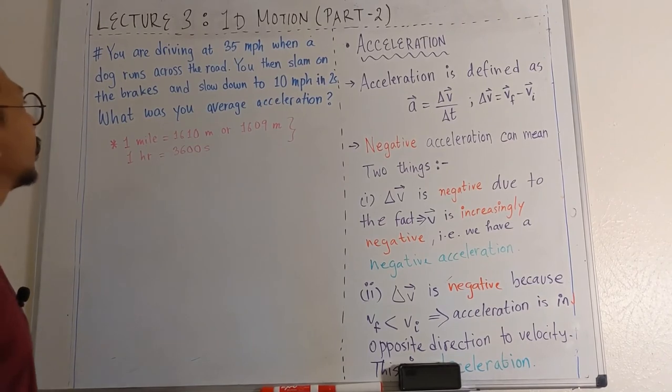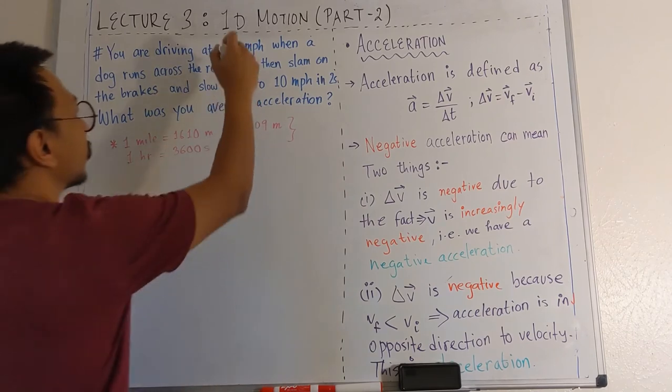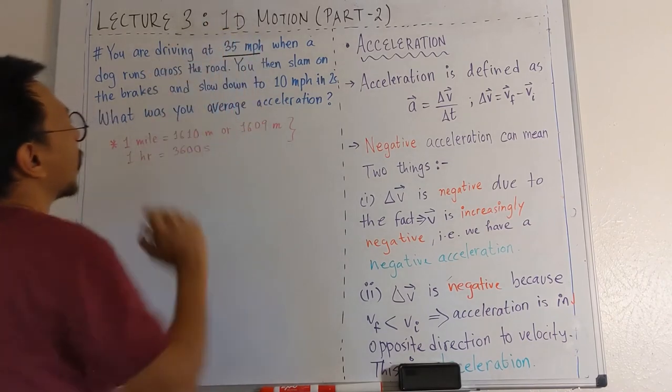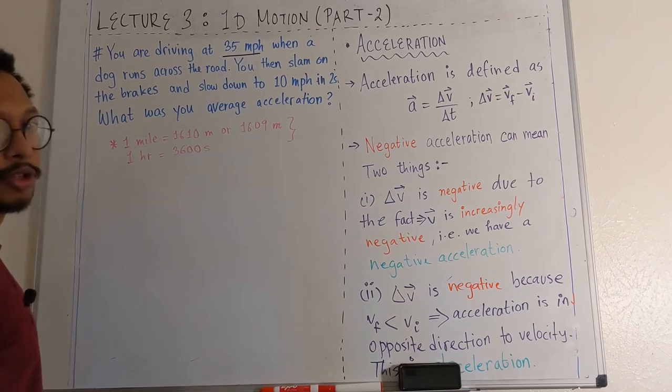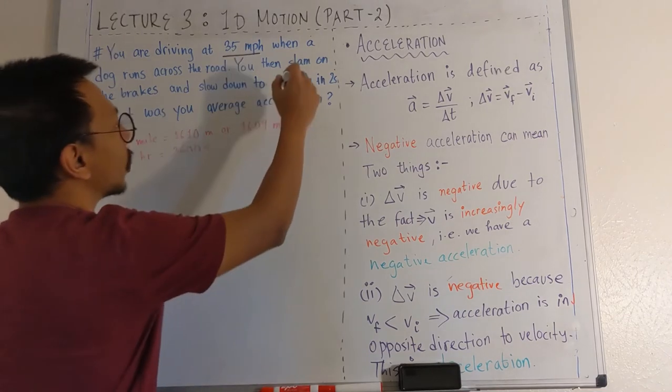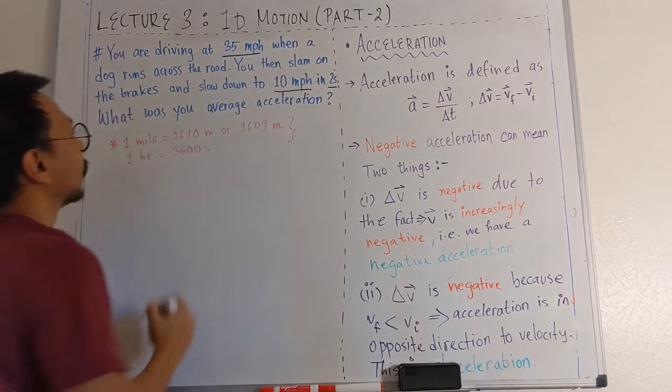Okay, so let's see what the problem is first. You're driving at 35 miles an hour when a dog runs across the road, which you notice, and you then slam on the brakes and slow down to a speed of 10 miles an hour in 2 seconds.